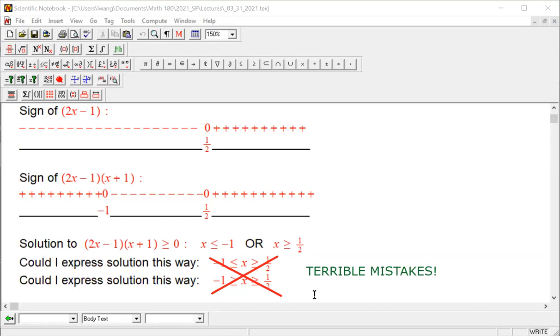Okay. All right. So we're good, right? So shall we try number 11?